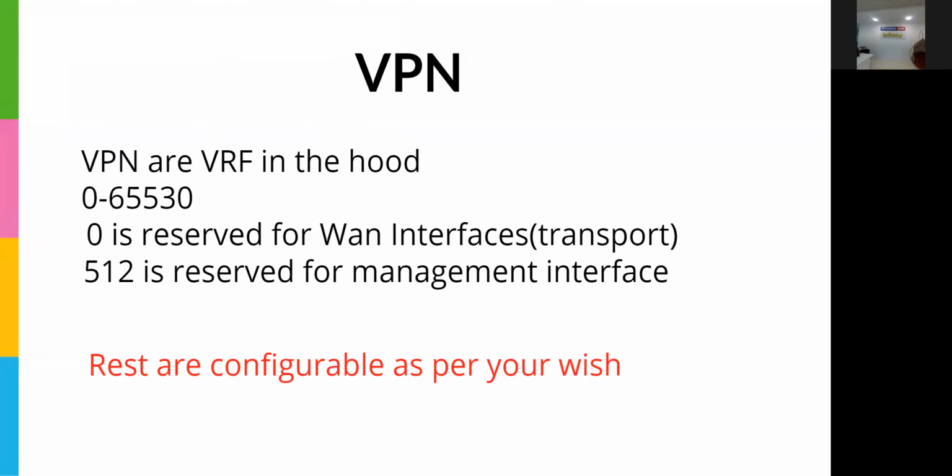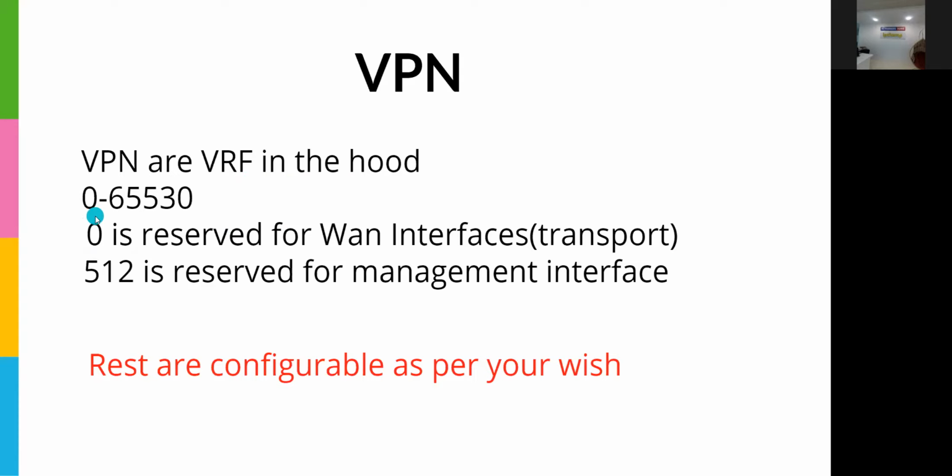So what is the VPN here? Some definition of VPN changes for sure. VPNs are not the VPN that we used to know at one time. These are essentially VRFs. They act like VRFs, they don't act like a VPN. So each VPN, under the hood, is a VRF.